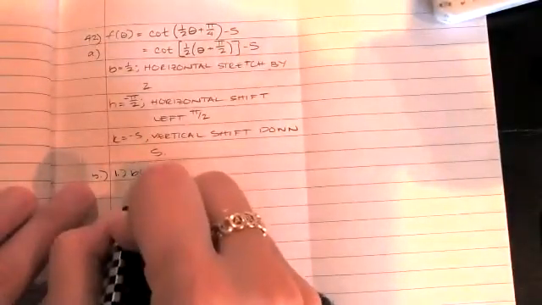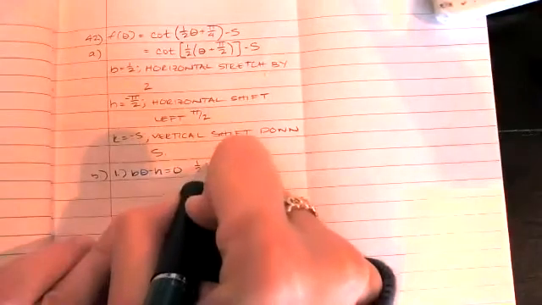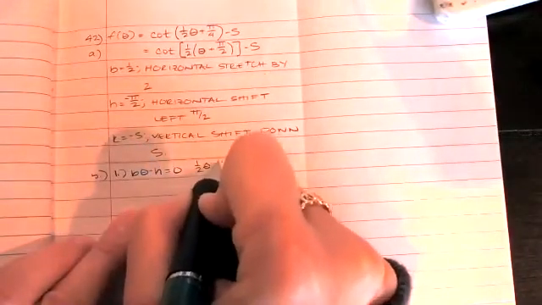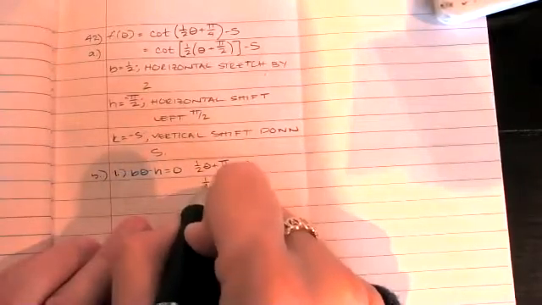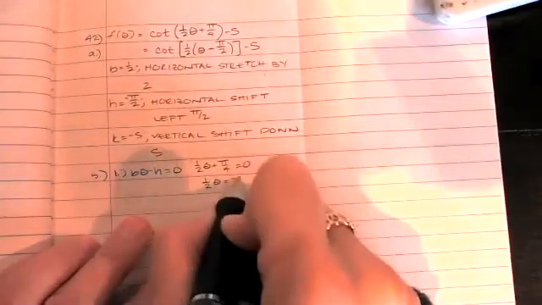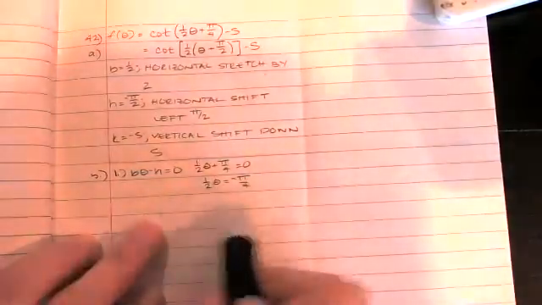So part B, we have to come up with a graph. The first step is to set b theta minus h equal to 0. So this will be 1/2 theta plus pi over 4 equals 0. So when we subtract this, it gives us negative pi over 4.